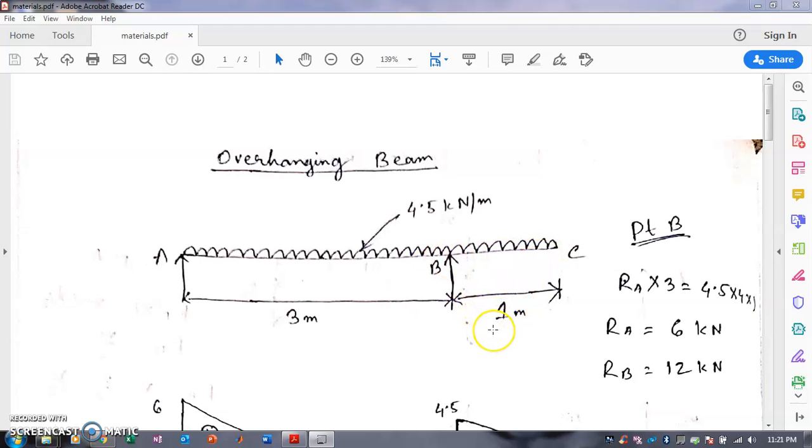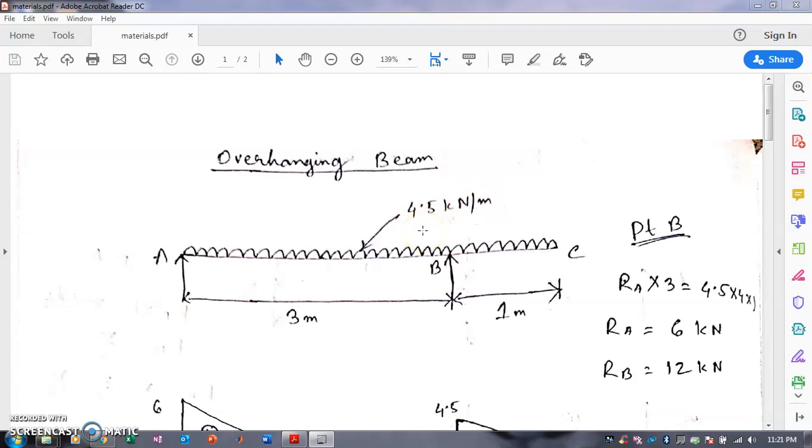So the total length of this overhanging beam AC becomes 4 meter, and it carries a uniformly distributed load throughout its whole span, and the value of the load is 4.5 kilonewton per meter.